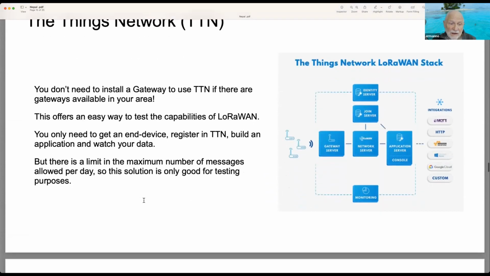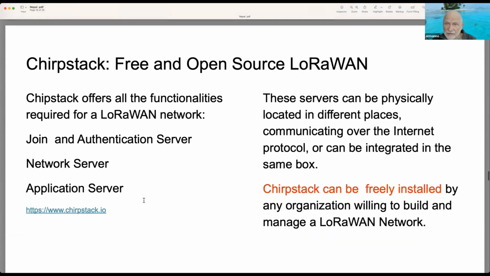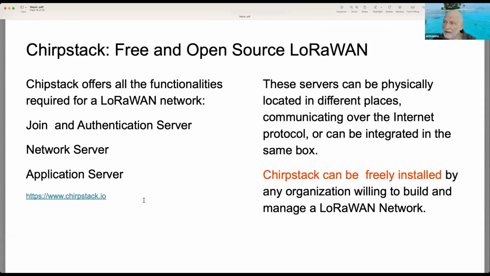like ChirpStack. ChirpStack is an independent, open source and free to use implementation of the network server and the application server and the join server that is needed in order to initiate the communication.